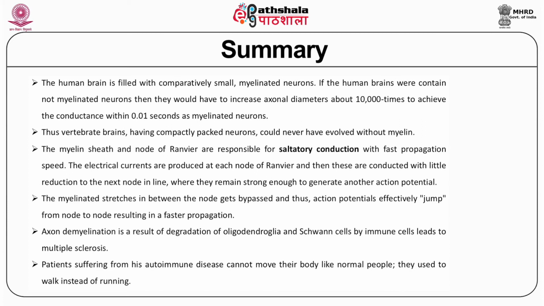The myelin sheath and the nodes of Ranvier are responsible for saltatory conduction with fast propagation speed. The electrical currents are produced at each node of Ranvier, and then these are conducted with little reduction to the next node in line, where they remain strong enough to generate another action potential.